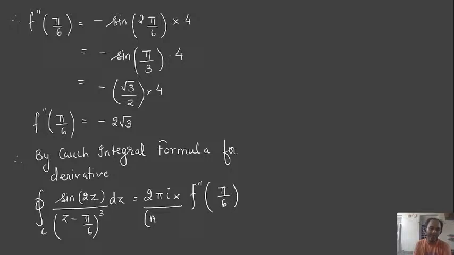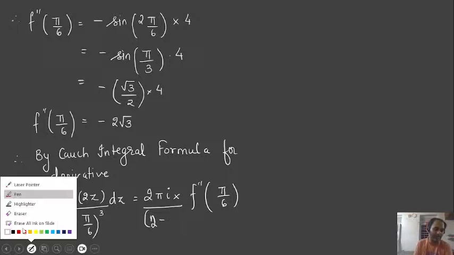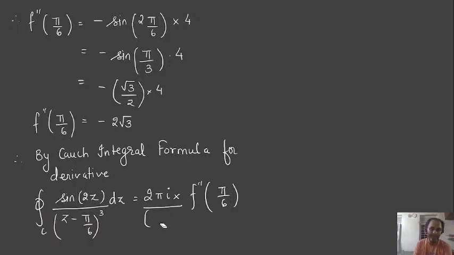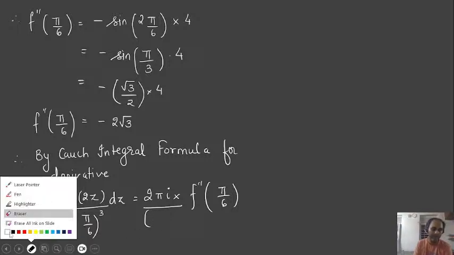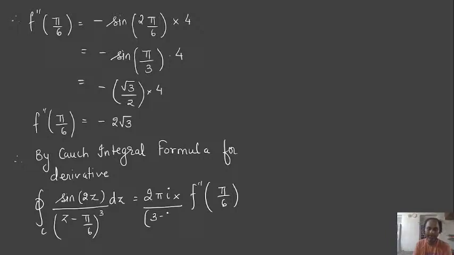So n minus 1 factorial, I'll write here in detail, 3 minus 1 factorial.